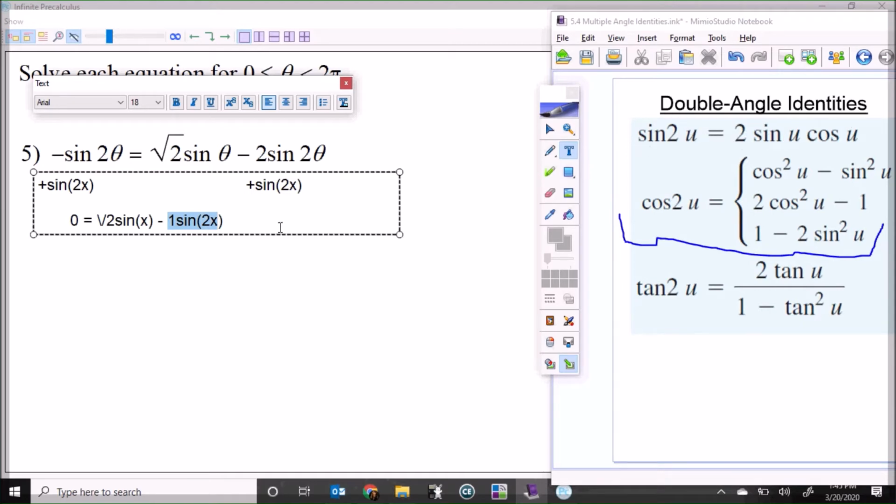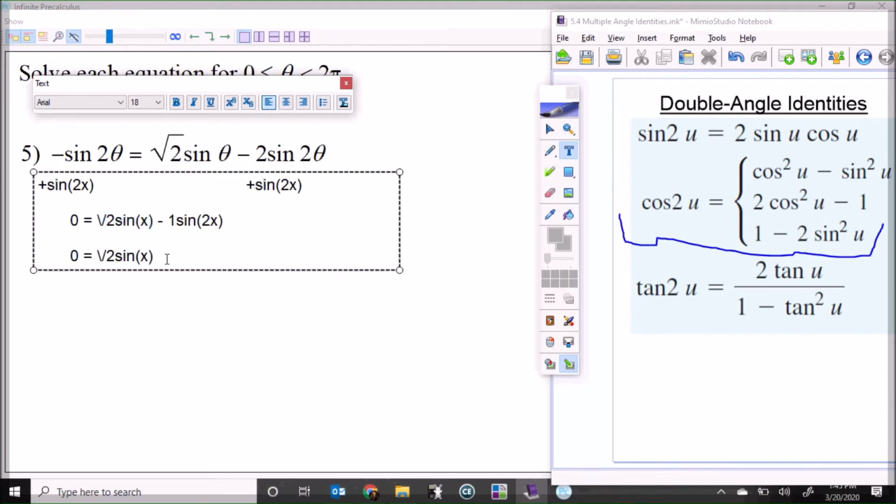And because it's sine, there's only one possible thing I can change it into, so that makes it easy to pick. So we got 0 equals, that still means square root of 2, minus, gotta keep the minus on there, and then I'm changing it into 2 sine of x cosine of x.